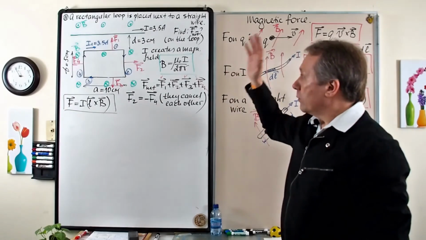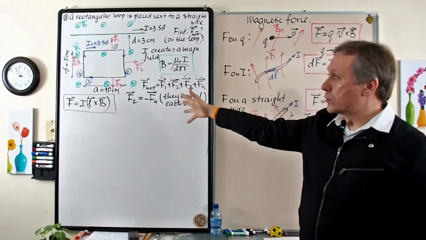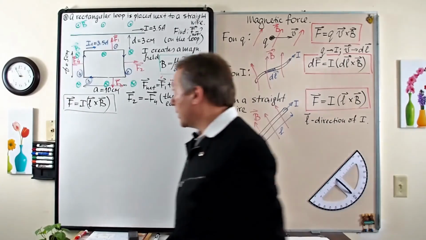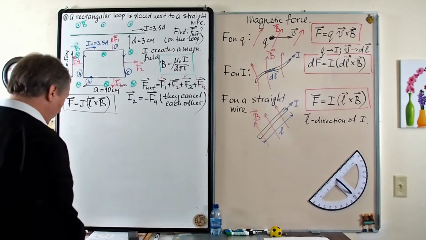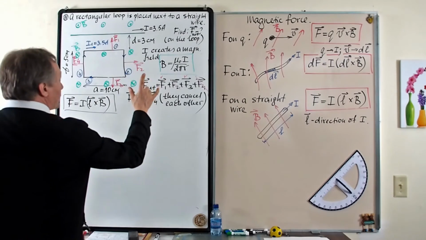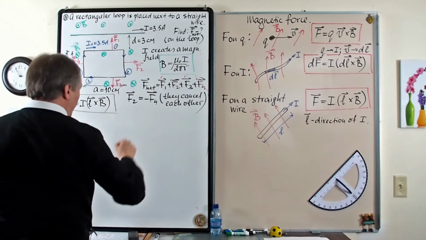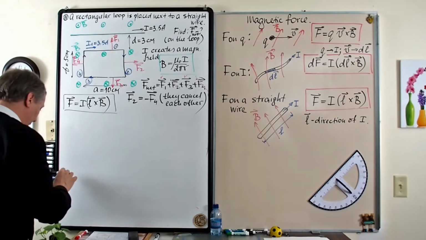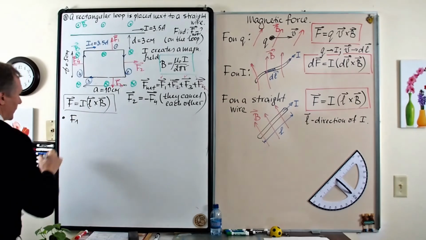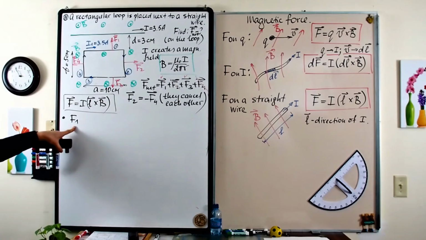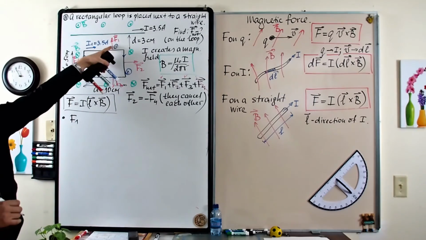Okay, so now we know even the direction of the net force, so now we just need to find the magnitude, the strength of the net force. But of course, in order to do that, we need to find the absolute value of F1 and the absolute value of F3. So let me start with F1, and you see it's the magnitude of F1, because now we know the direction.